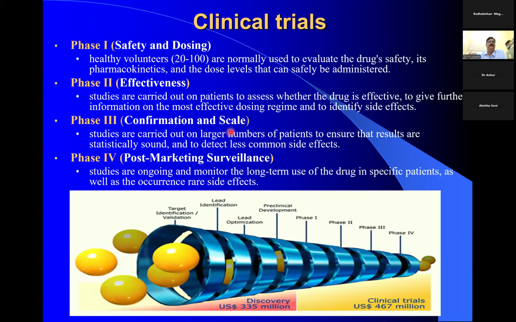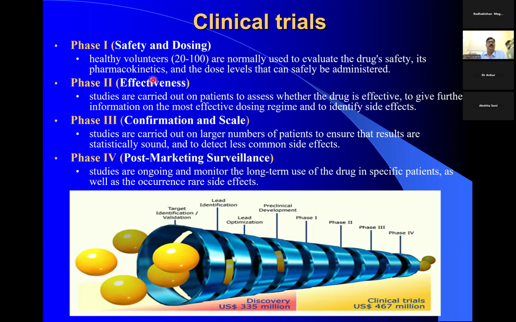So phase one is basically safety and dosing. It typically involves a small group of healthy volunteers, say 20 to 100, and here our objective is to evaluate the drug's safety, that is, the toxicity profile, and the pharmacokinetics.